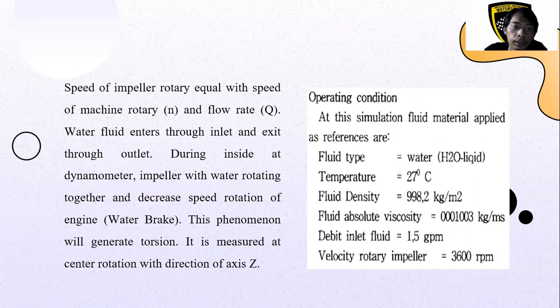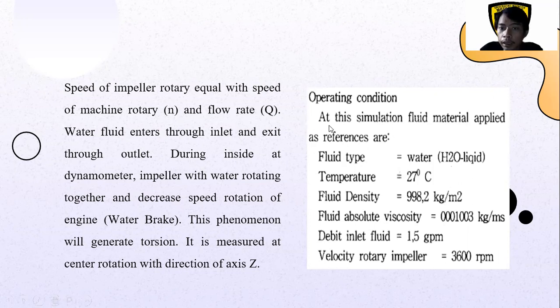Water fluid enters through the inlet and exits through the outlet. While inside the dynamometer, the impeller with water rotating together decreases the rotation speed of the engine, a water brake. This phenomenon will generate torsion. It is measured at the center of rotation with direction of axis Z.